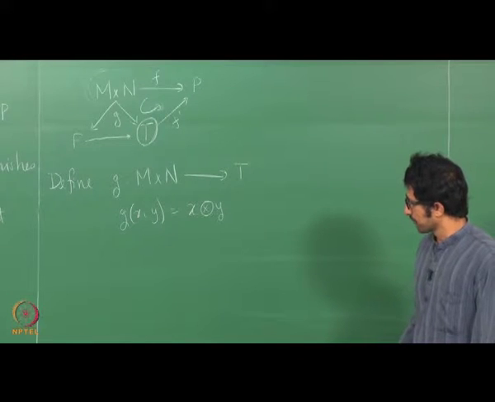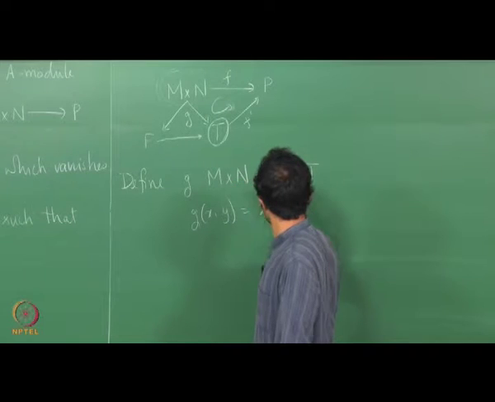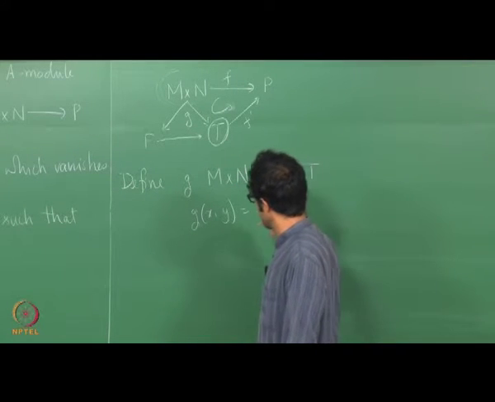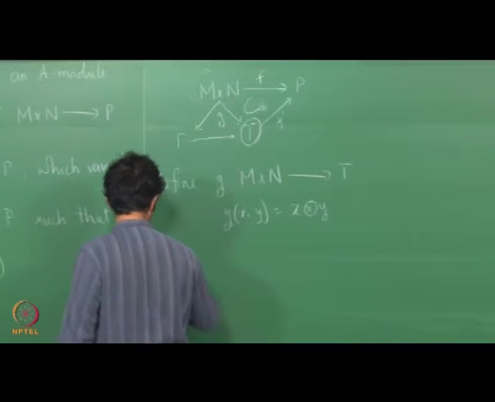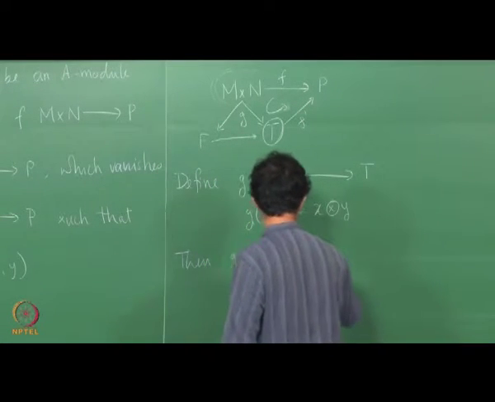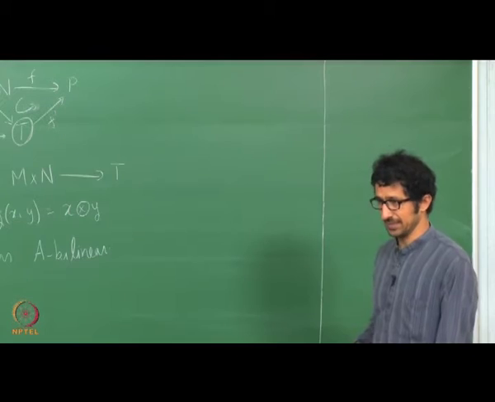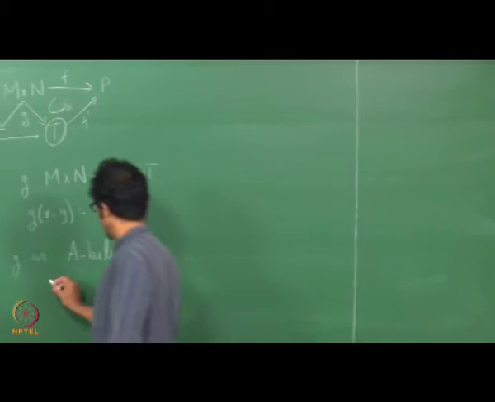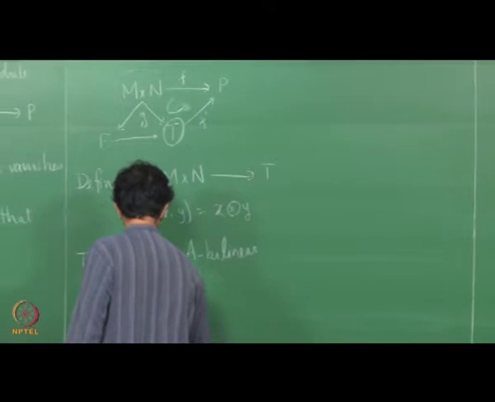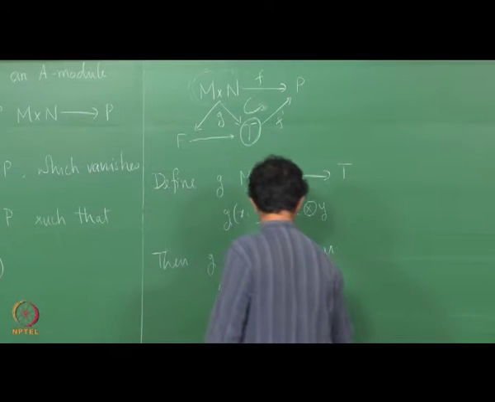Then this is a map from M cross N to T, and g is A-bilinear. Where would (x1 + x2, y) be mapped to?